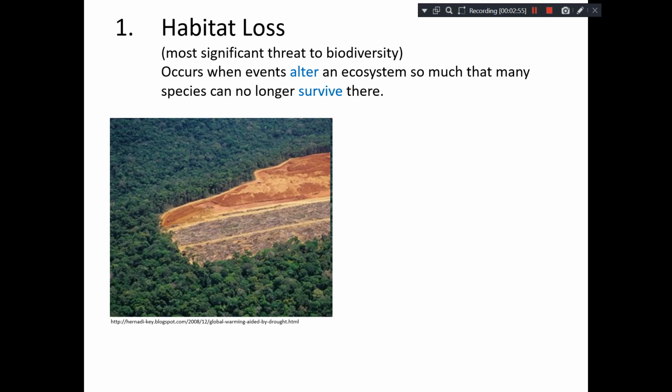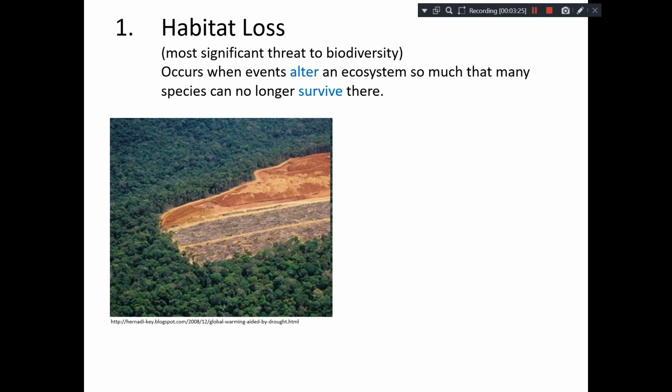So when we alter an ecosystem, and in an ecosystem there will be a large number of habitats, and each habitat is occupied by different types of flora and fauna. When something happens to their habitat, that is to the entire ecosystem or sometimes to the habitat directly, the species can survive no longer.